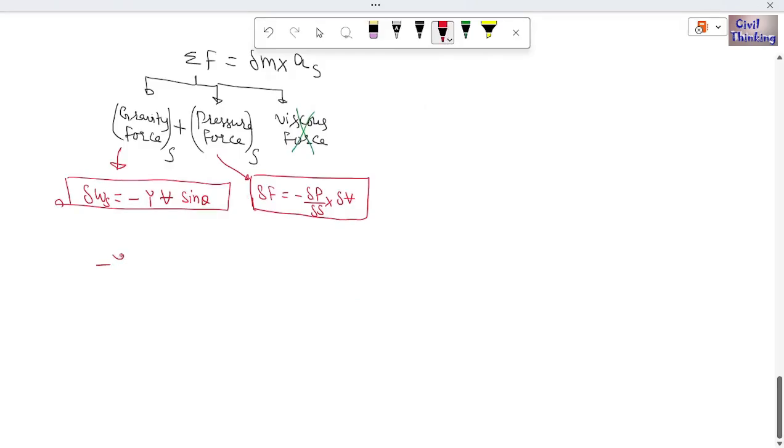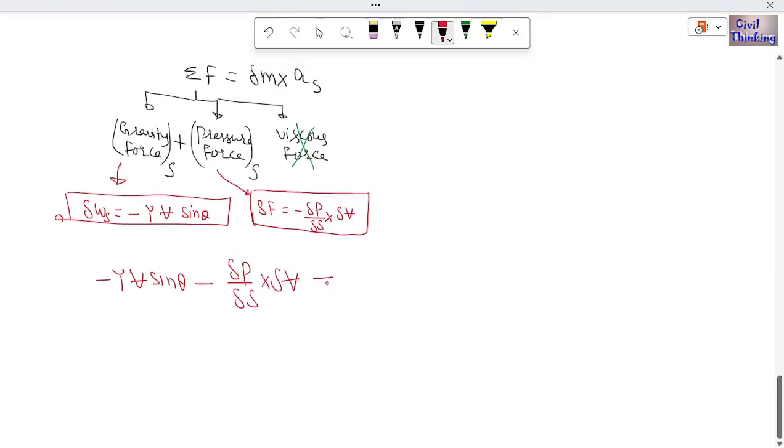So the summation is minus gamma times volume times sine theta minus delta P by delta S times delta volume is equal to delta M times A S, the streamwise acceleration, the acceleration along the streamline. Now we have this volume here and this volume here.